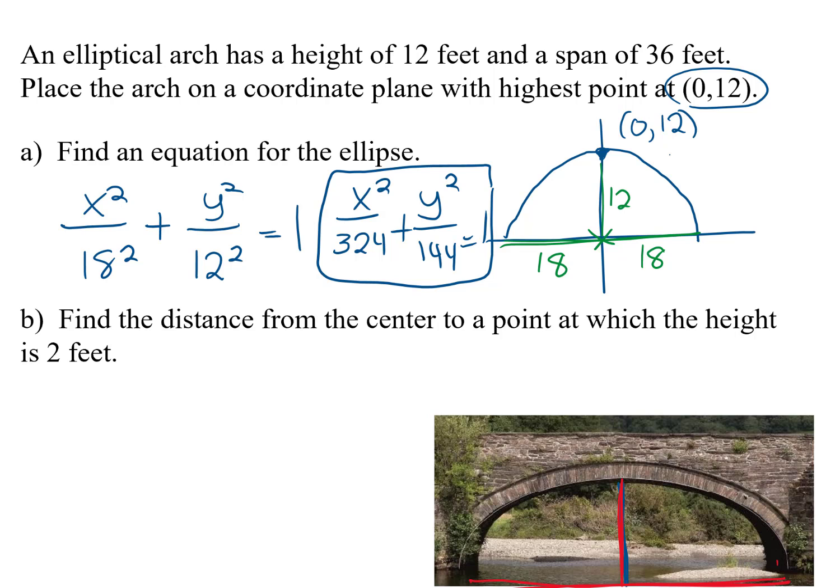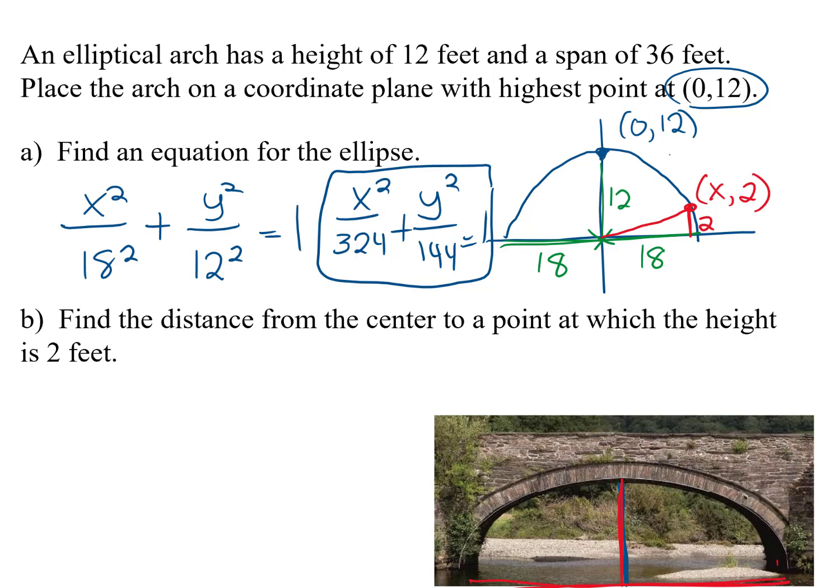Now let's look at part B. Find the distance from the center to a point whose height is 2 feet. So from the center, we're going to go over and find a place where the y value, or the height, is 2. So it's some x, and the y is 2.